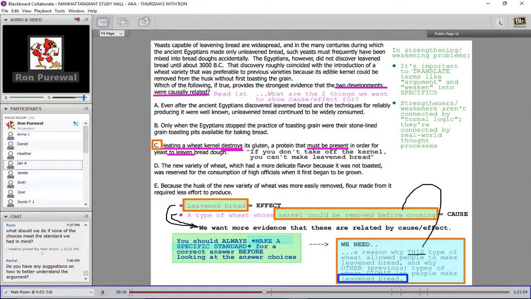As far as how to better understand the argument, if there were a short answer to that and I had it, I would be a very rich man. But just make sure that you have a goal when you're reading the words. Make sure that you're not just reading words for no reason.